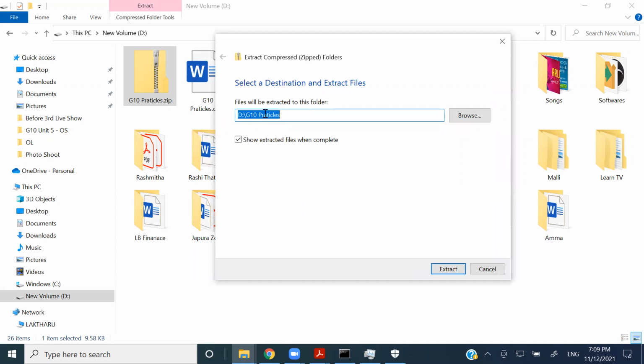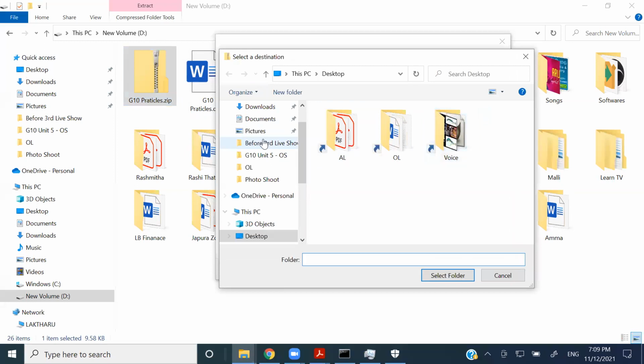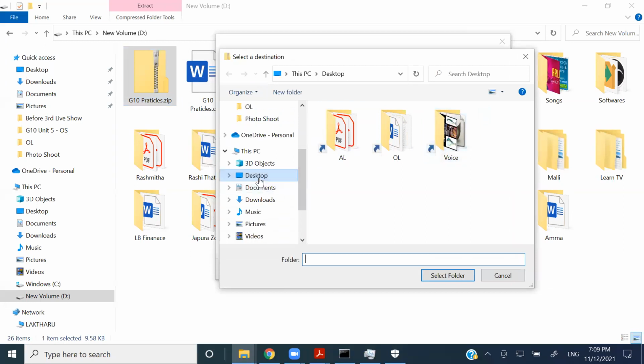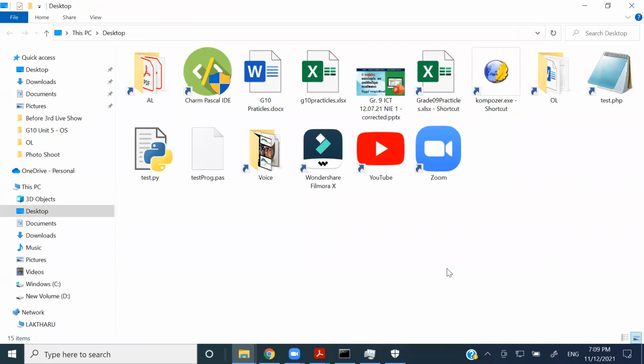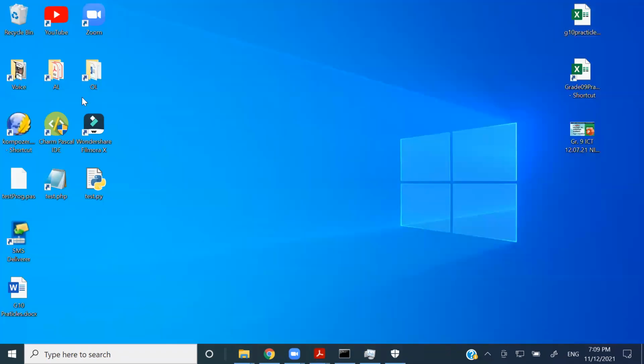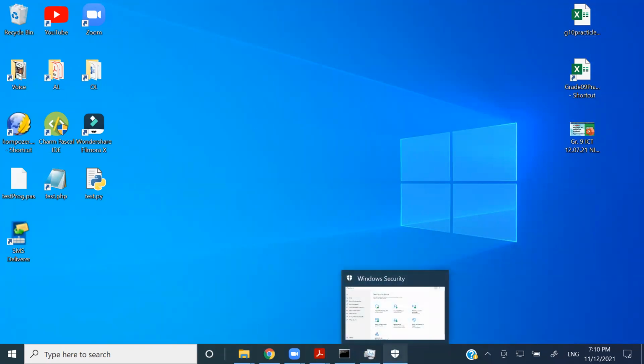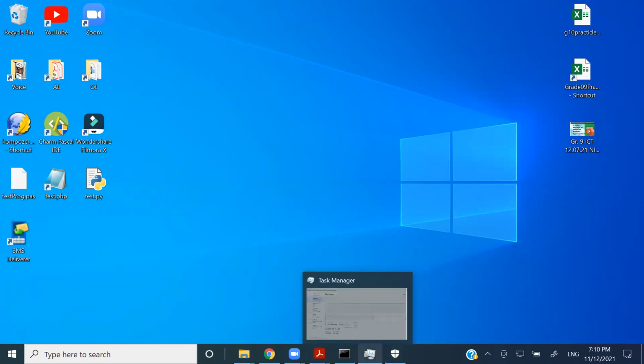By default, it is taking the same place as the zip folder. So you can browse here, as an example, I'll go to the desktop, select that place and do the extraction. Then I can see the grade 10 practicals file is there on my desktop, right? That is how you can use the compression utility software.